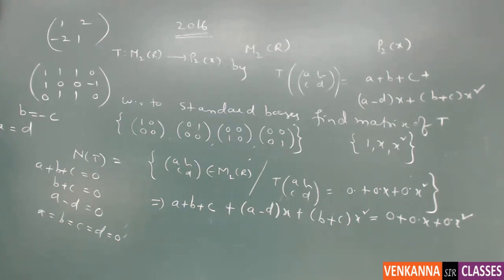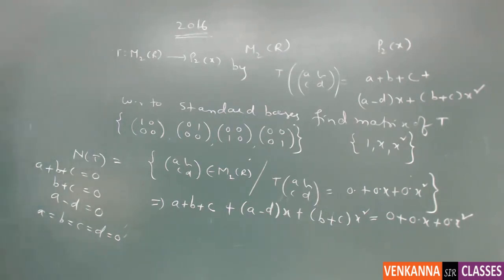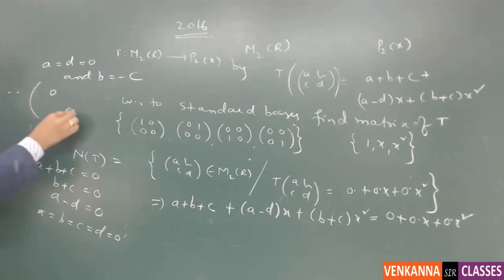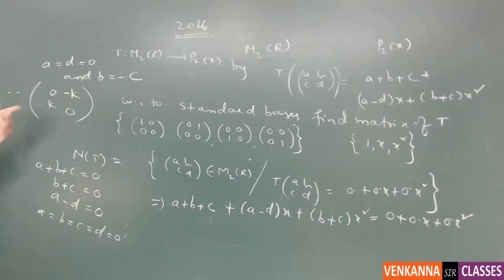So if you say that A is equal to D, since A and D, okay, now I got your point. This is the form of matrix you will get. Agreed?